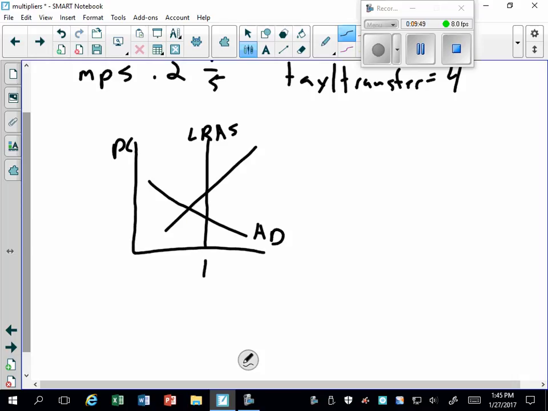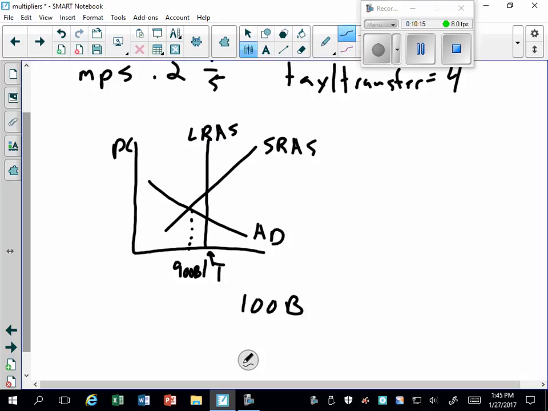That's almost like where full employment would be. But they tell you this economy is currently producing below that, at $900 billion. Actual GDP, where you are currently, is 900 billion. Your potential is $1 trillion. So essentially, what you have is a $100 billion recessionary gap.